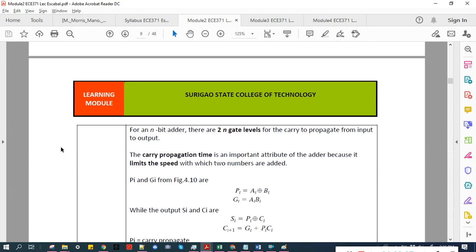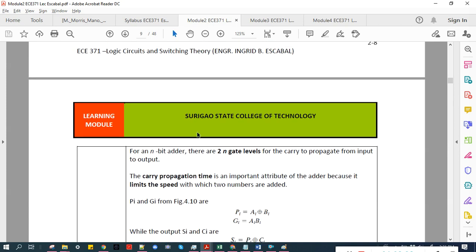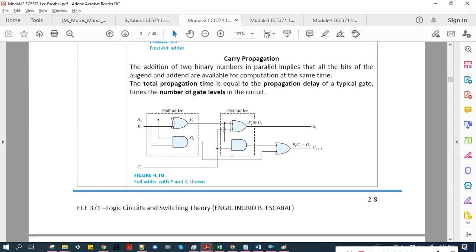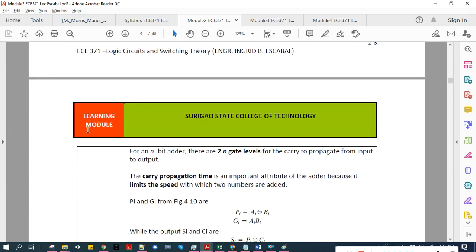For an n-bit adder, there are 2n gate levels for the carry to propagate from input to output. Yeah, because if we look at the circuit, there are 2 gates.